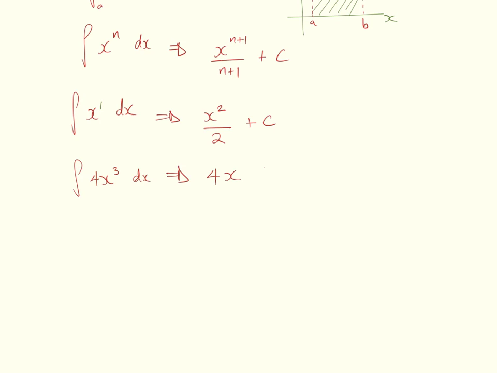Keep my x, add 1 to the power. So that 3 now becomes a 4. Divide by that new power plus some constant c. Okay? You can now see 4 and 4. They're going to cancel each other out. So the final answer to this now is x to the power 4 plus c.